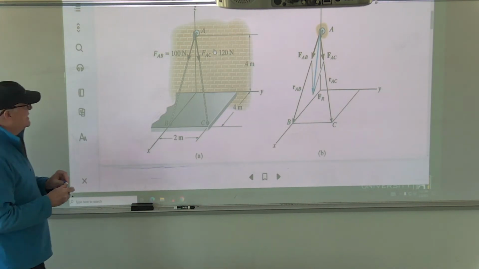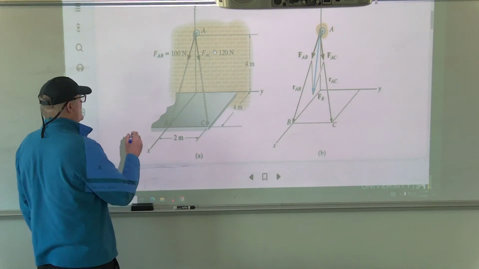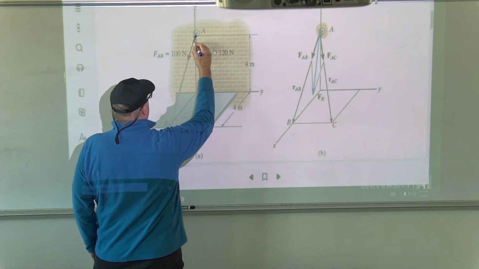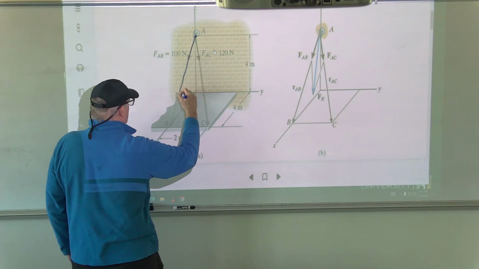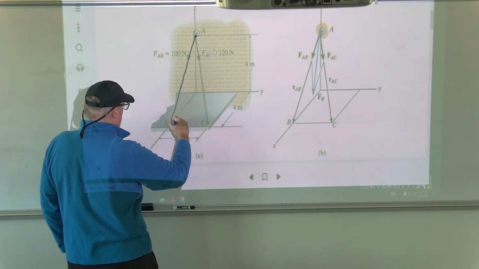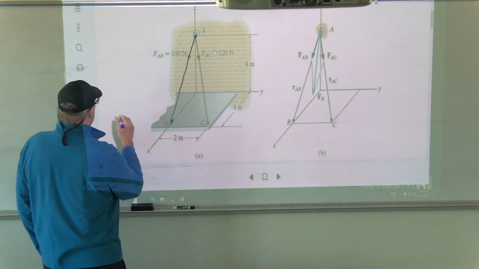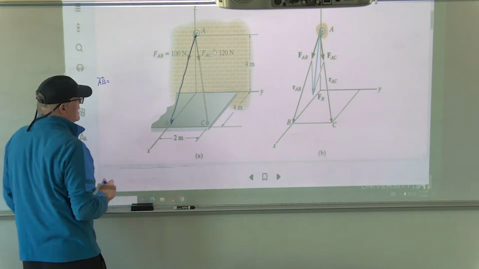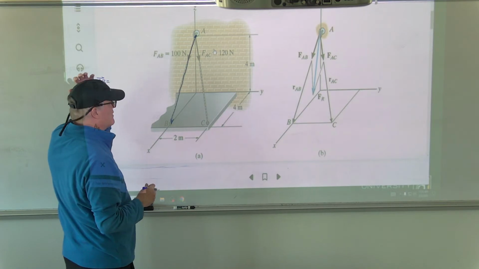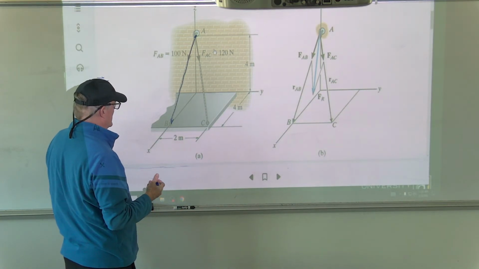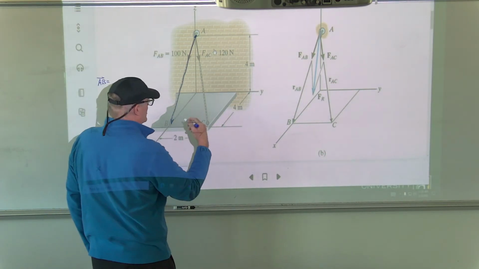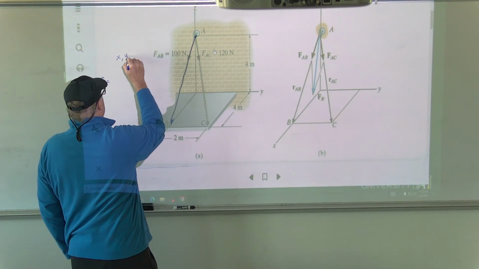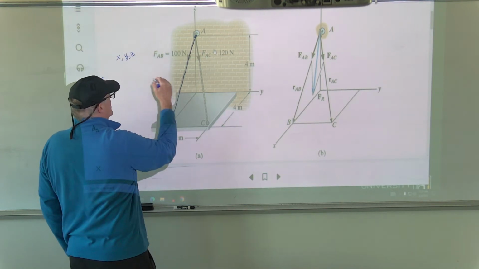So the first thing is I can draw a vector from A all the way to B, and I'll call that vector AB. Now if you look at it, there's 2 or 3 or 4 different ways you can do this, but the way I like to do it is just do a step. You can do the X, then the Y and the Z, or any sort of combination.